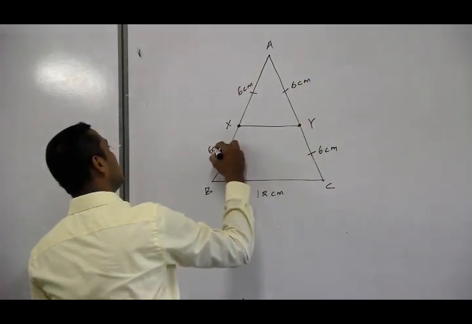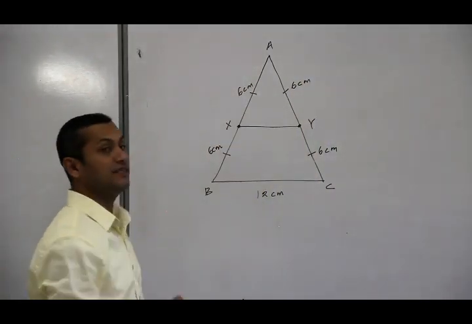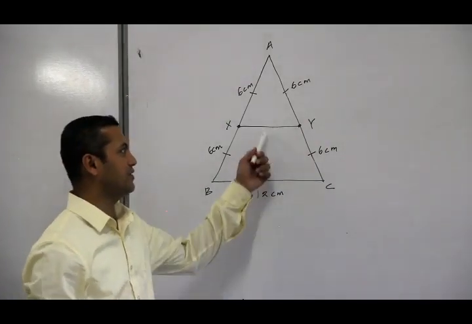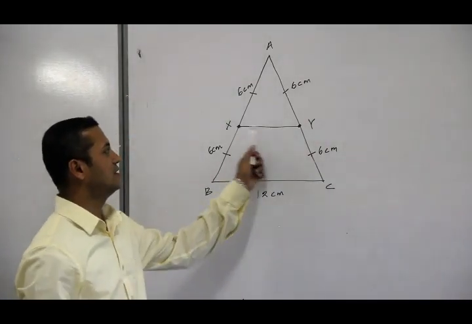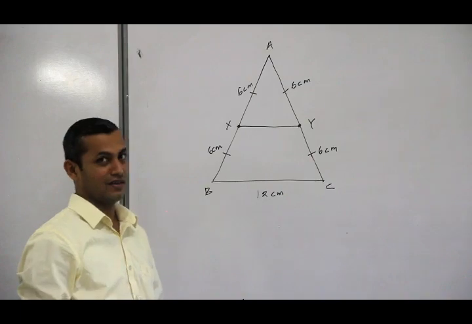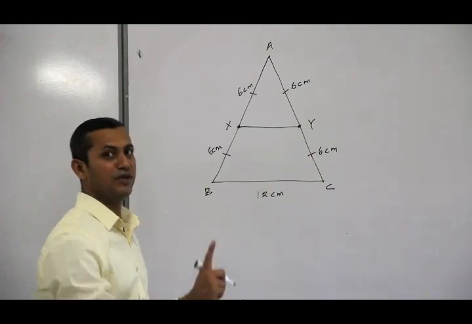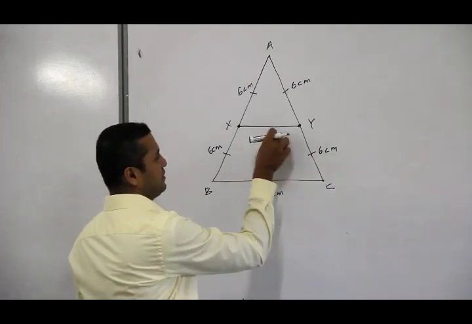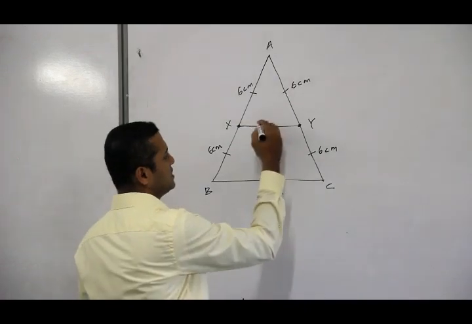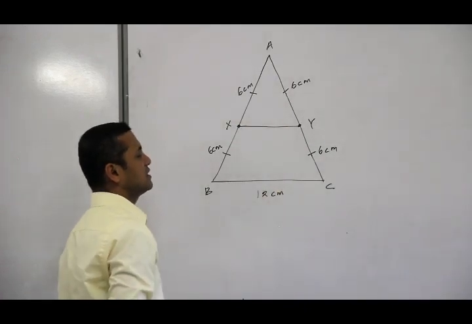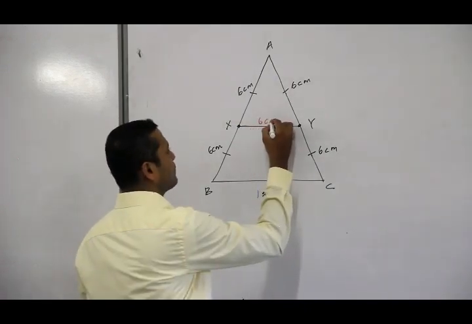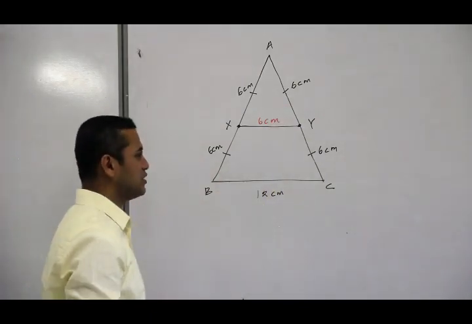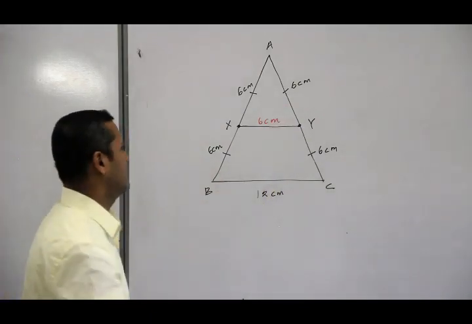Is that clear? Meantime, according to the midpoint theorem, what can you write for XY? That is half of 12, right? According to the midpoint theorem, this line will be half of the third side, and this is 6 centimeter. The first part is to find the length of XY.